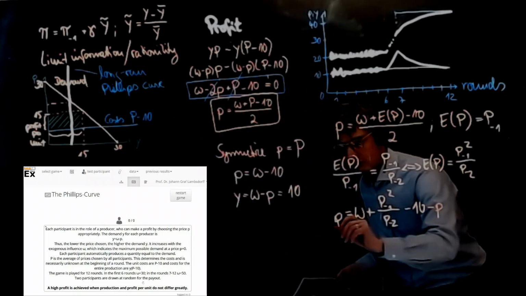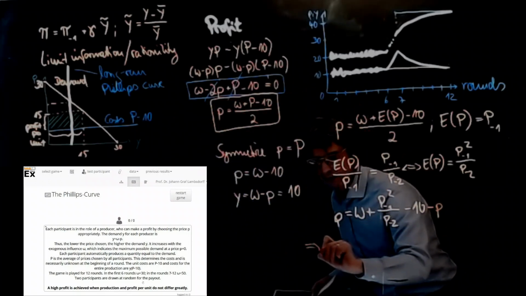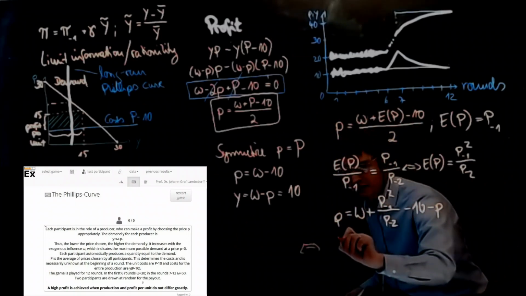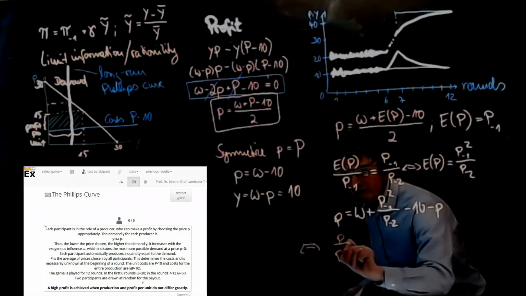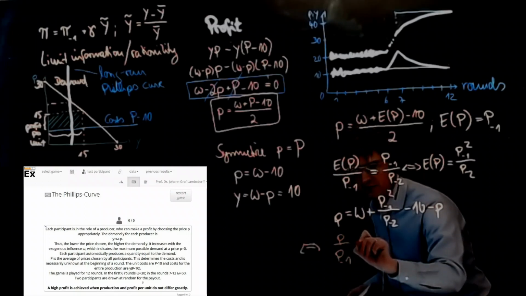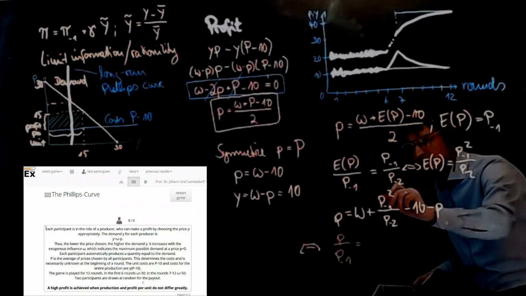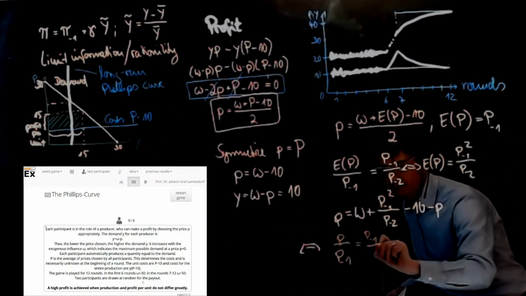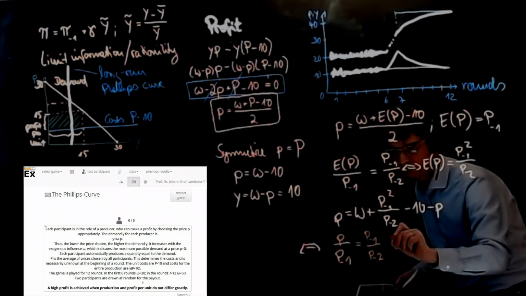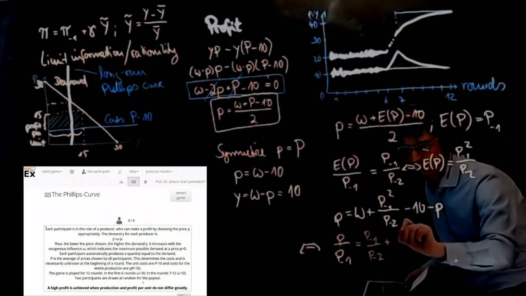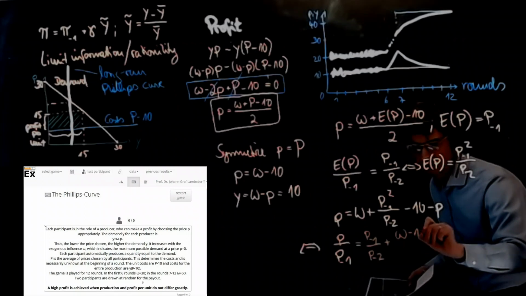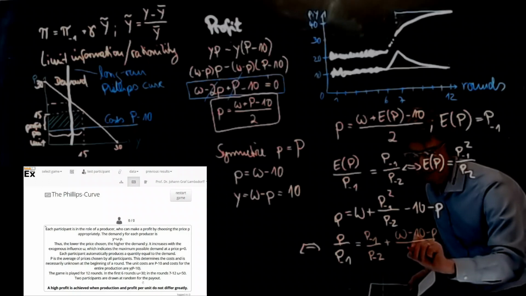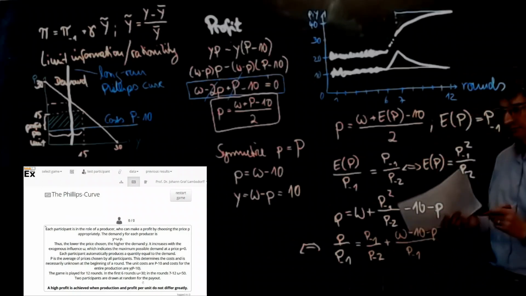And then we are almost done, because we just divide by p minus 1 on both sides, such that we get p over p minus 1 should be equal to, then this term only becomes p minus 1 over p minus 2 plus omega minus 10 minus p over p minus 1. Okay?